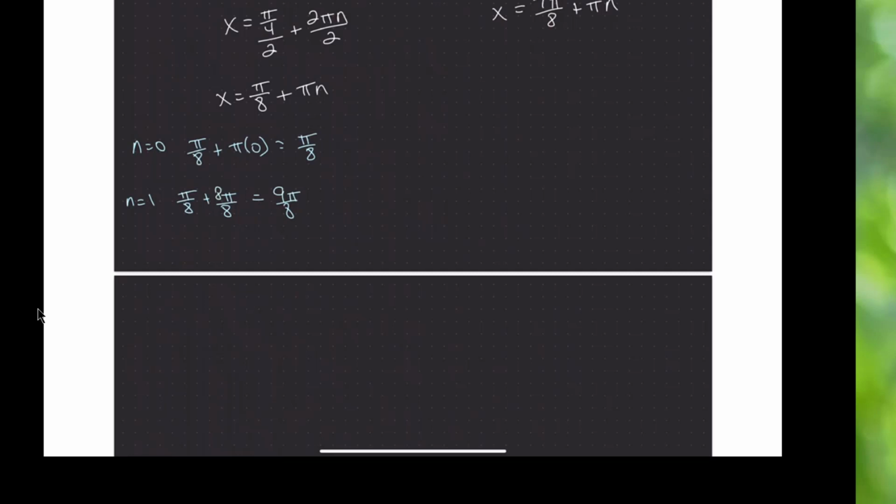Yep, so we have to keep going. What about for n equals 2? So that'd be pi over 8 plus 2 pi. If we need to get our common denominator, pi over 8 plus, what are we going to get?